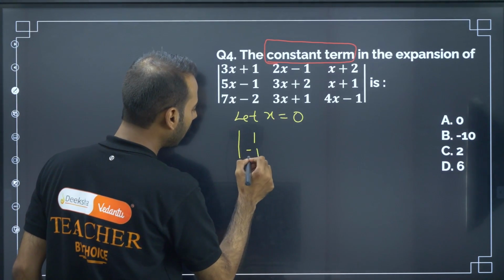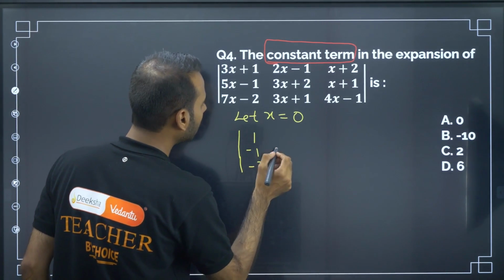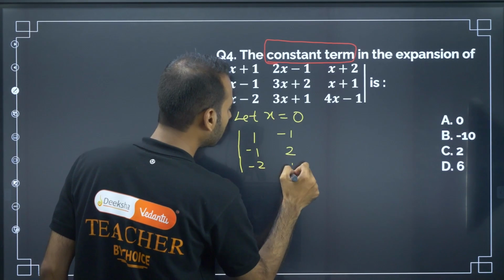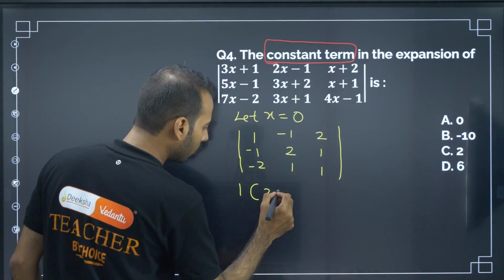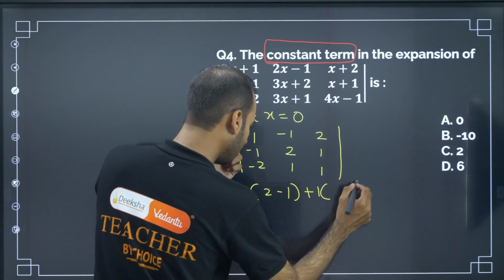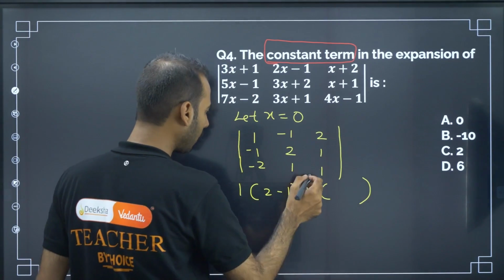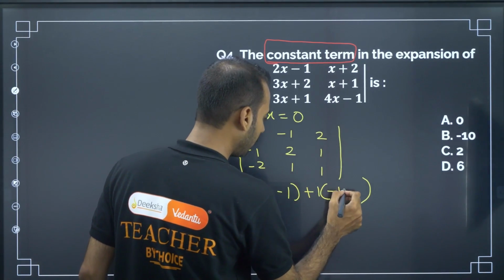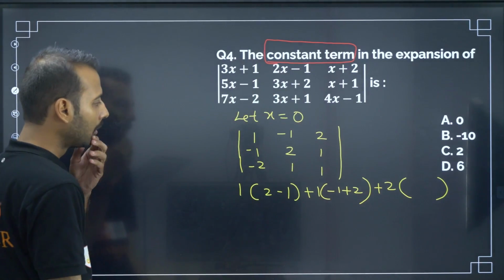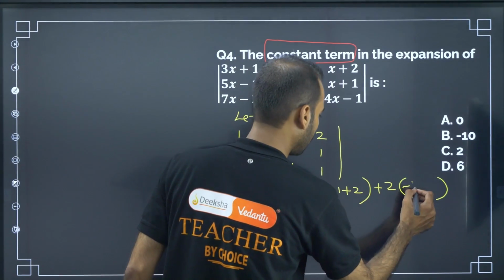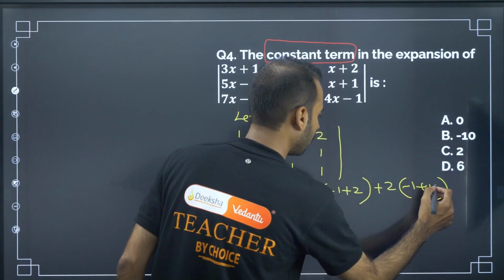So 1 minus 1 minus 2 minus 1 2 1 2 1 1. Next 1 2 minus 1 plus 1 plus 1 minus 1 plus 2 plus 2 plus 2 minus 1 plus 4.